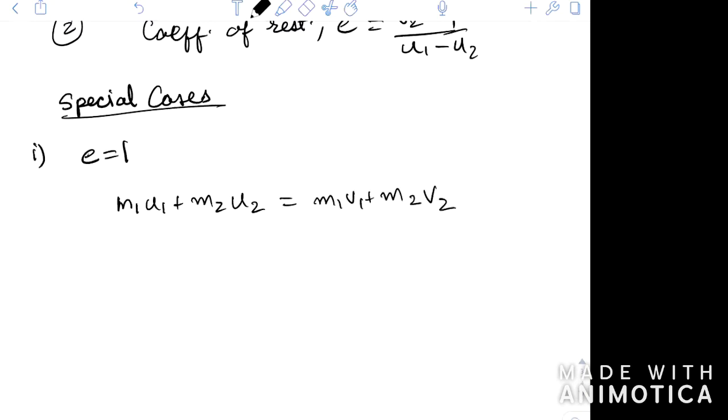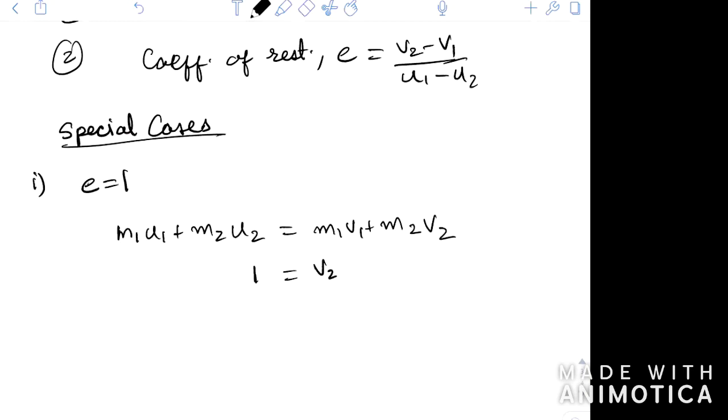Then the second equation: 1 is equal to v2 minus v1 by u1 minus u2. Okay, so applying these two, you can get the value in general for the velocities just after the collision.